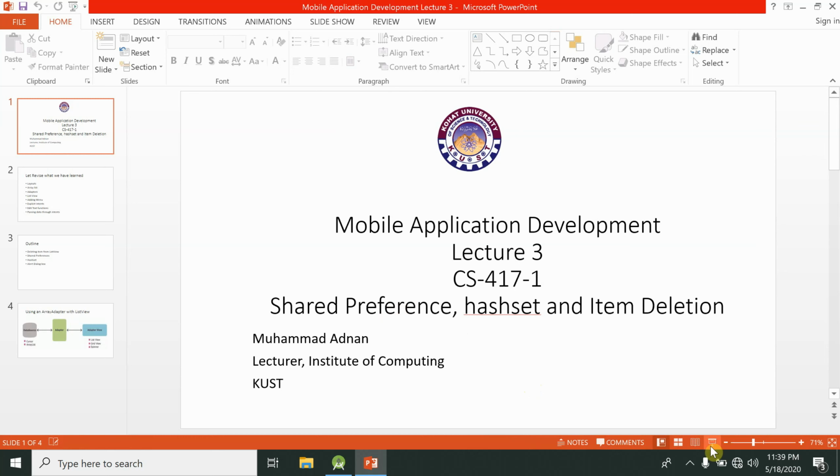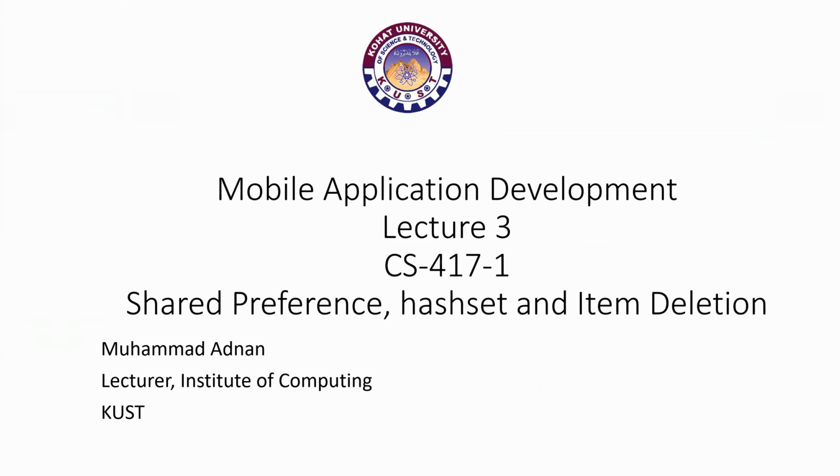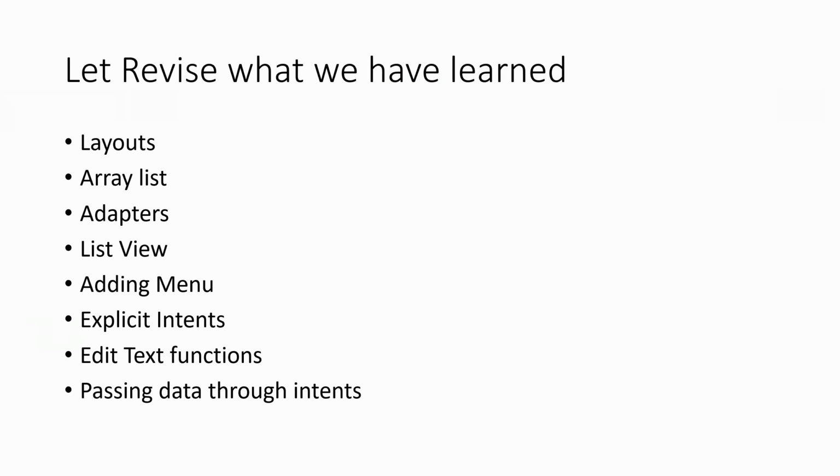So very quickly I'm going to tell you what we have done so far in the previous two lectures. We discussed Android layouts, like constraint layout, relative layout, linear layout, and then we also discussed array list, adapters, and list view. Today, very quickly, I am going to discuss these three in one slide in order to understand where they lie when they interact with each other.